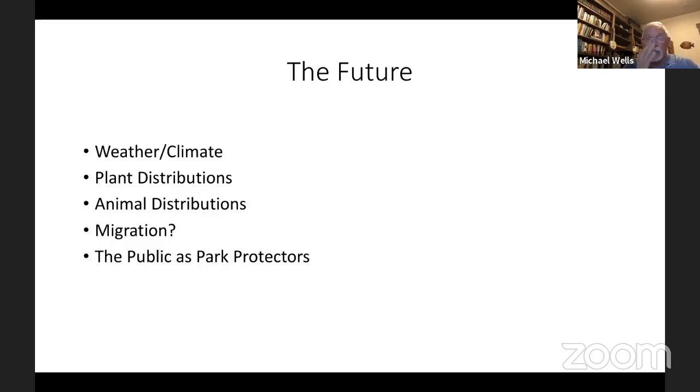And also in terms of elevation, the plants that we have living at the highest elevation, say those yellow pine forests in the Santa Rosa Mountains and the pinyon pines and junipers that live just beneath them, they're pretty much in the highest places that we have. And so essentially, is climate change going to push them off the tops of the mountains? And those habitats just won't exist in this part of California anymore.